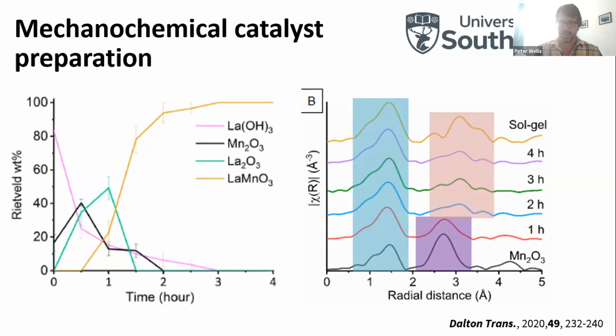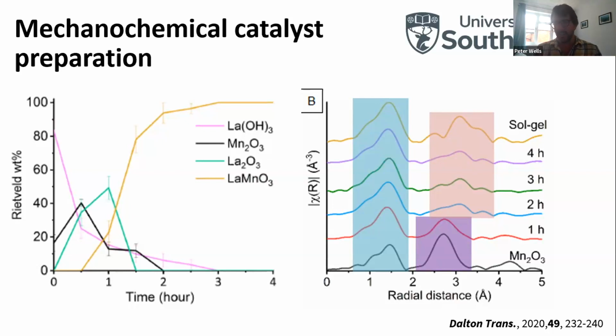What's interesting when you look at these data is that actually they tell you a slightly different picture. The diffraction tells you that between 3 and 4 hours, you have 100% phase pure lanthanum manganese oxide. But the XAFS does not tell you that actually. It tells you something slightly different. So here we can see the sol-gel reference sample at the top of your Fourier transform data there.